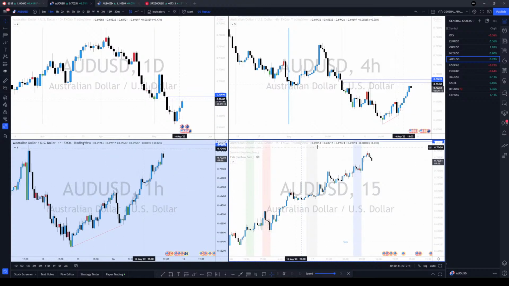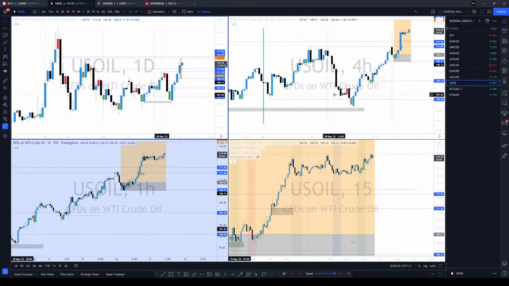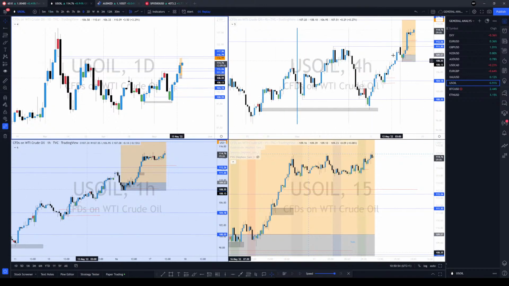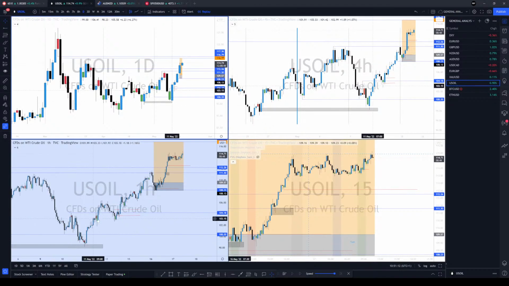Let me use oil as an example, because this is the one that I have been trading crazy for the last 2 weeks. Any down candle that price created is a buy if price trades back to it. From the 1 hour up to the 4 hour, any down candle that price creates is a buy.